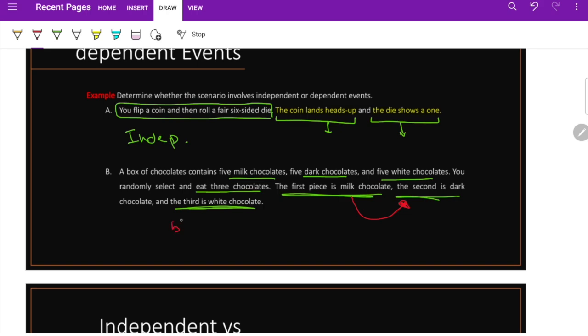You want to eat 3. The first one you got was milk chocolate, right? Now we want to select the other one, is it going to have an impact on the probability of selecting the second one? Yes, because we're going to have less milk chocolate, so it's going to have less probability to be chosen again, right? So these are dependent events.